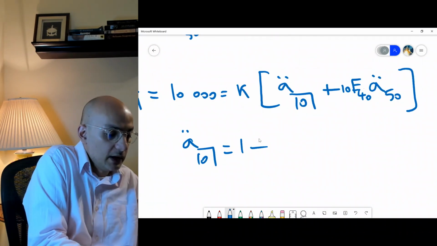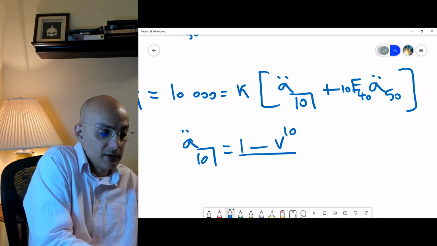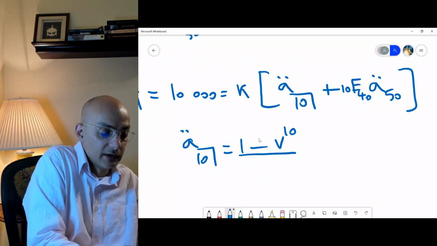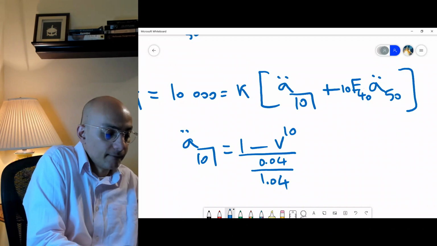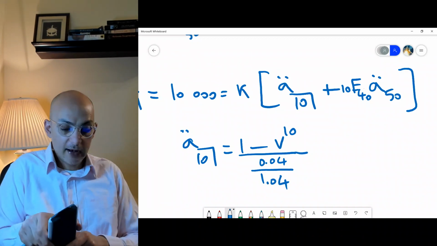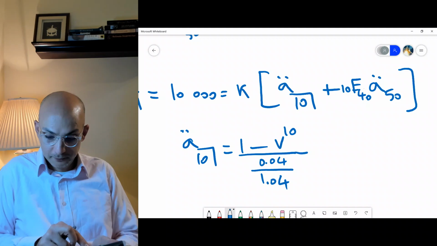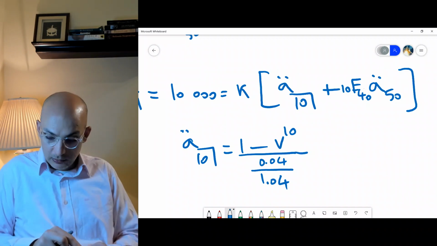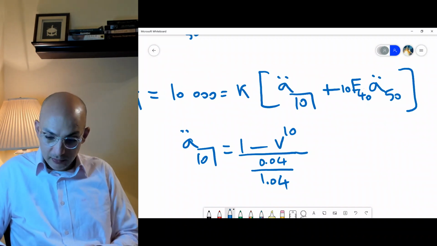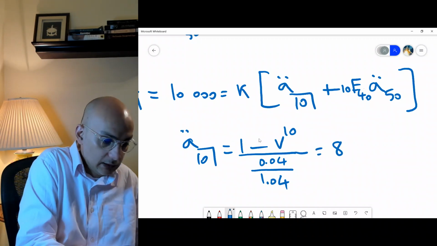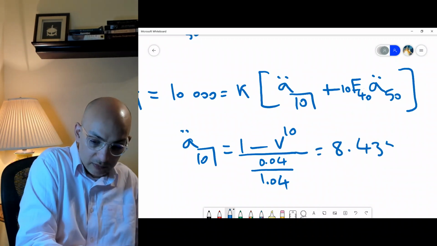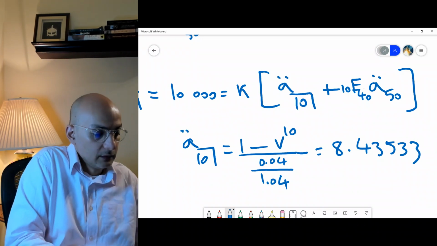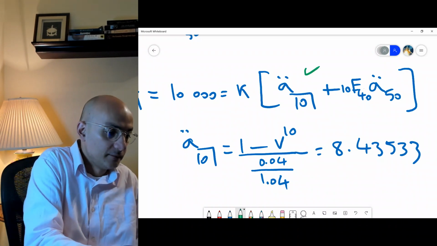So it's 1 minus V to the 10 divided by D. And remember, because this is at the beginning of the year, D is I over 1 plus I. If you use your calculator for this one, I got it to be 8.43533, right? So now this one is done.